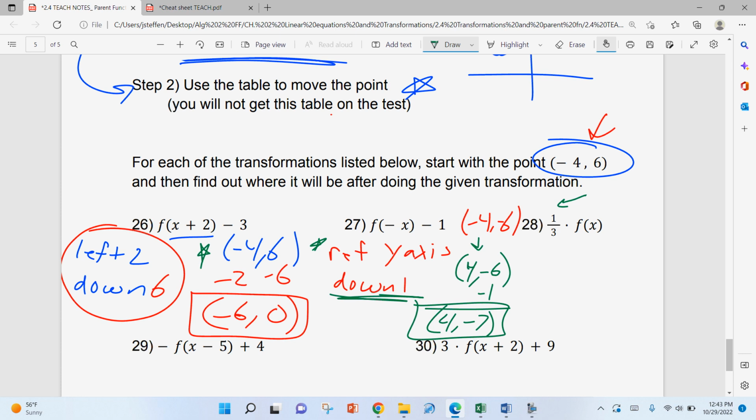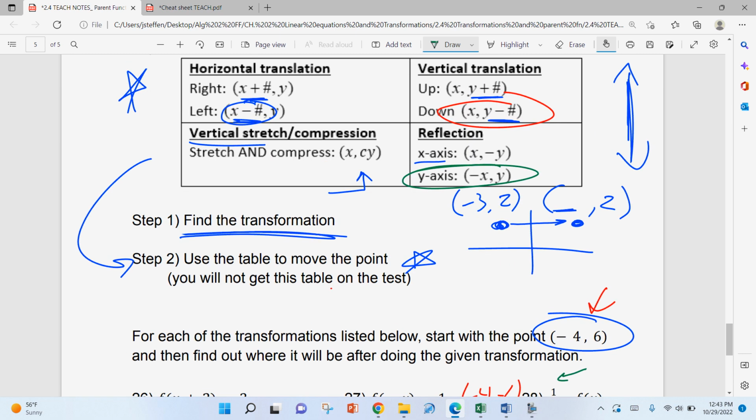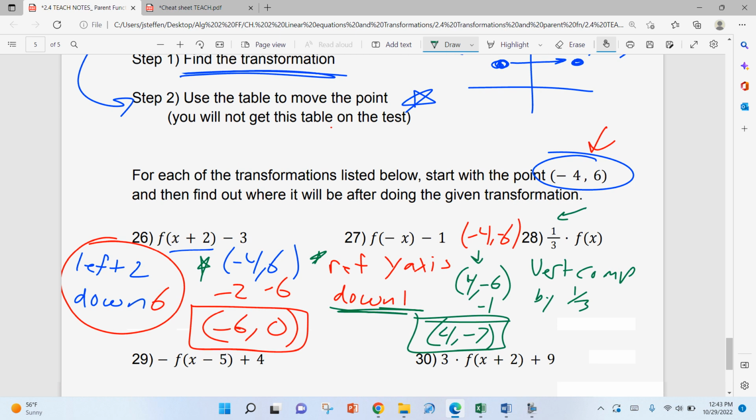This next one is a compression. So vert compress by 1/3. So remember, a compression, if you look up over here, it means we multiply the y value by whatever that compression is. So we multiply the y value by 1/3. So I know I'm kind of running out of room, and this is going to be a little bit messy.